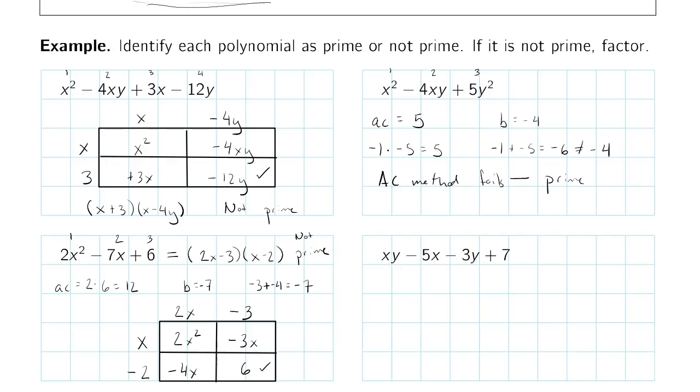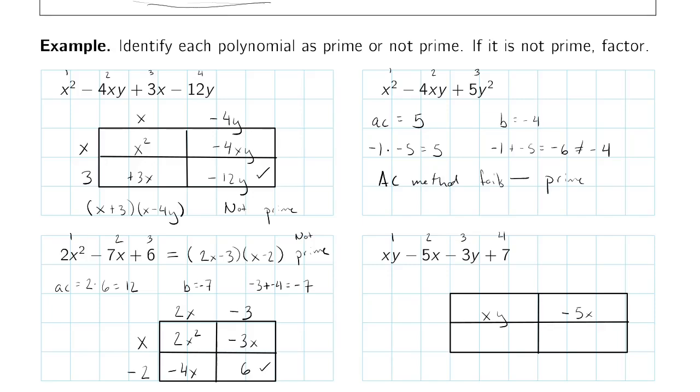Okay, last one. We've got 1, 2, 3, 4 terms. So we're going to try to factor by grouping again. Let's see, I've got an xy, a negative 5x, a negative 3y, and a plus 7.